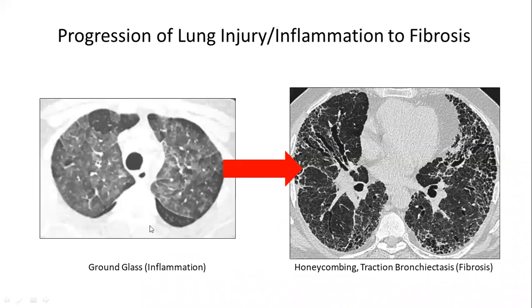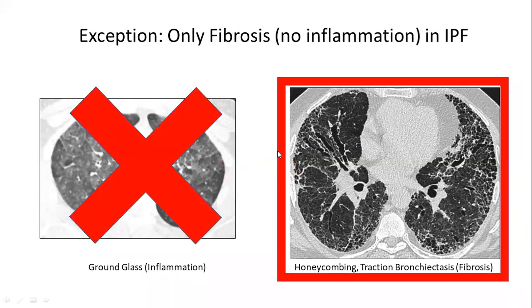So we just talked about this progression, but to remind you about IPF. We talked about IPF more extensively last time, so we're not going to go into tons of detail. But for those of you who weren't here, IPF is idiopathic pulmonary fibrosis. It violates that rule that I was just talking about. I was just saying that lungs go from inflammation to fibrosis, right?